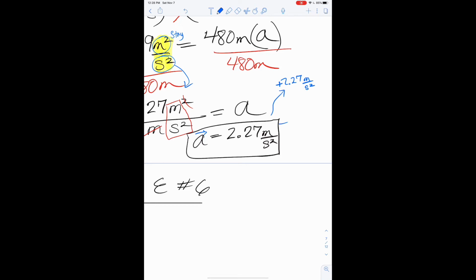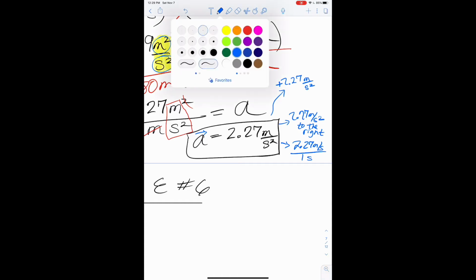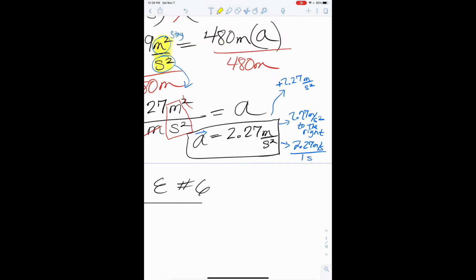You could have written that as 2.27 meters per second squared to the right. You could have written that as 2.27 meters per second per 1 second. All right, so all of those are correct.